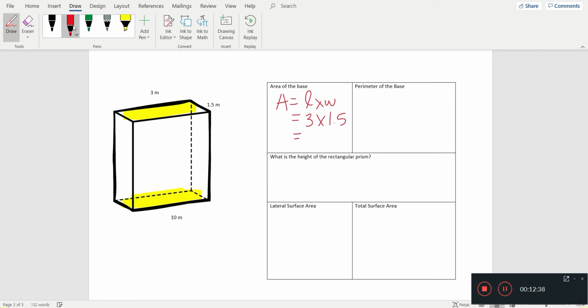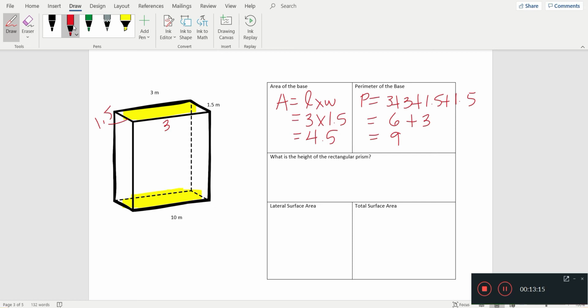So 3 times 1.5. Go ahead and multiply in your calculator, 3 times 1.5 is 4.5. The perimeter of the base, P, I have here 1.5, this is 3, this is also 1.5, right? So P is 3 plus 3 plus 1.5 plus 1.5. If I add that, I have 6 plus 3, which equals 9.